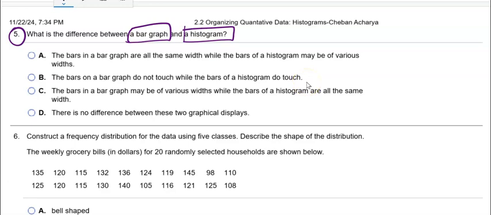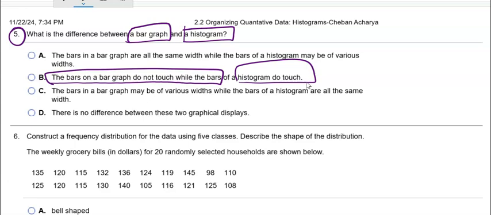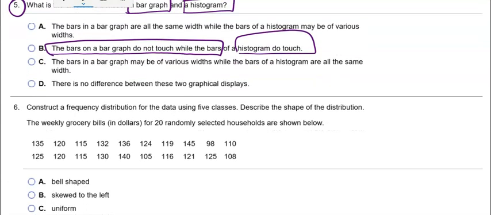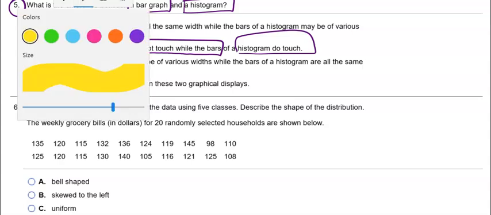That's one of the differences between bar graph and histogram. And bar graph is for qualitative data, but histogram is for quantitative numerical data. That's another difference, but we don't have that option, so we pick option B for this question.